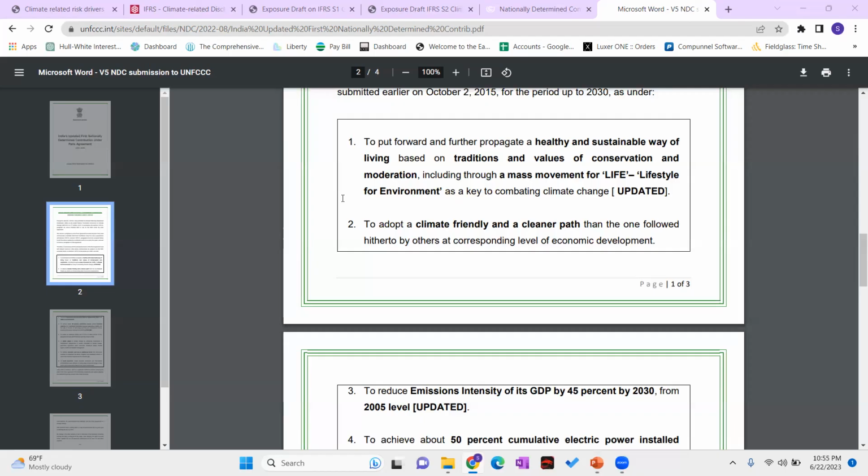Maybe it will not be as clean because it will use batteries, to your point, but at least it will be a much better alternative than diesel or petrol driven vehicles, right? At least electric vehicles do not lead to emissions. That's a very important point.